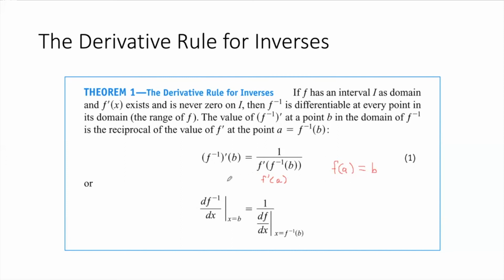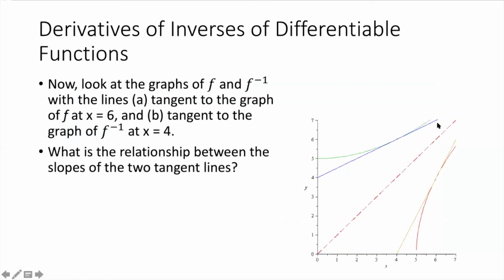So you can either write it like that, or you can say the derivative of f inverse with respect to x at the point x equals b is equal to 1 over the derivative of f with respect to x at, and again here I would say at x equals a. I think that makes that a little simpler. All right, again, I will admit it looks kind of confusing and scary at first, but it's actually a pretty simple concept. Just think about this picture. This is how I always think about it.